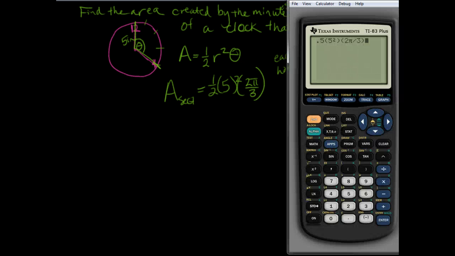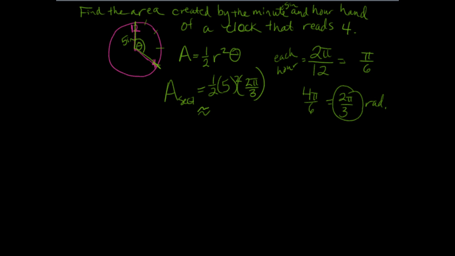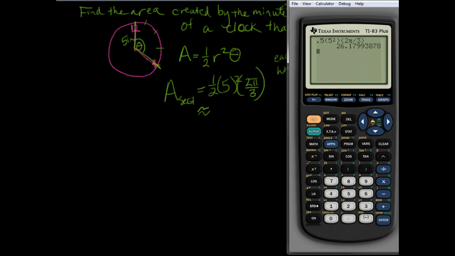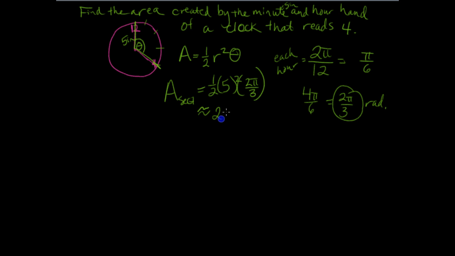If we type this into our calculator, we get approximately 26.18 inches squared. We're dealing with area now, not arc length. So the area that this spans is 26.18 inches squared.